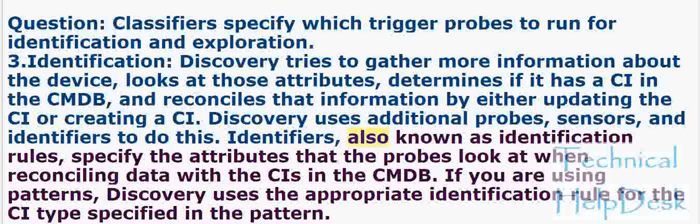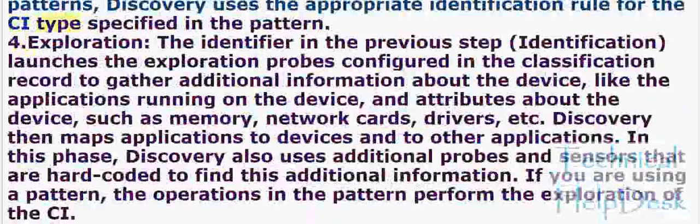Identifiers, also known as identification rules, specify the attributes that the probes look at when reconciling data with the CIs in the CMDB. If you are using patterns, Discovery uses the appropriate identification rule for the CI type specified in the pattern.